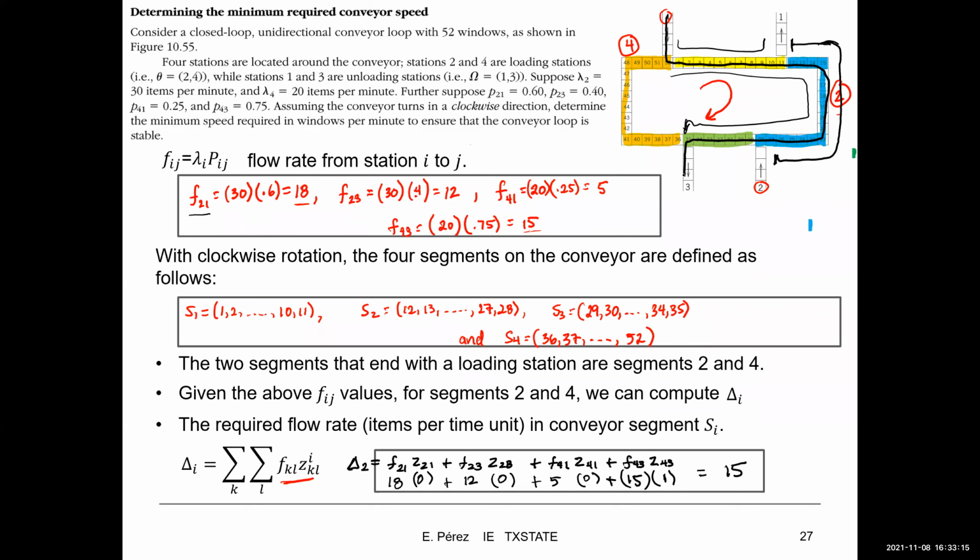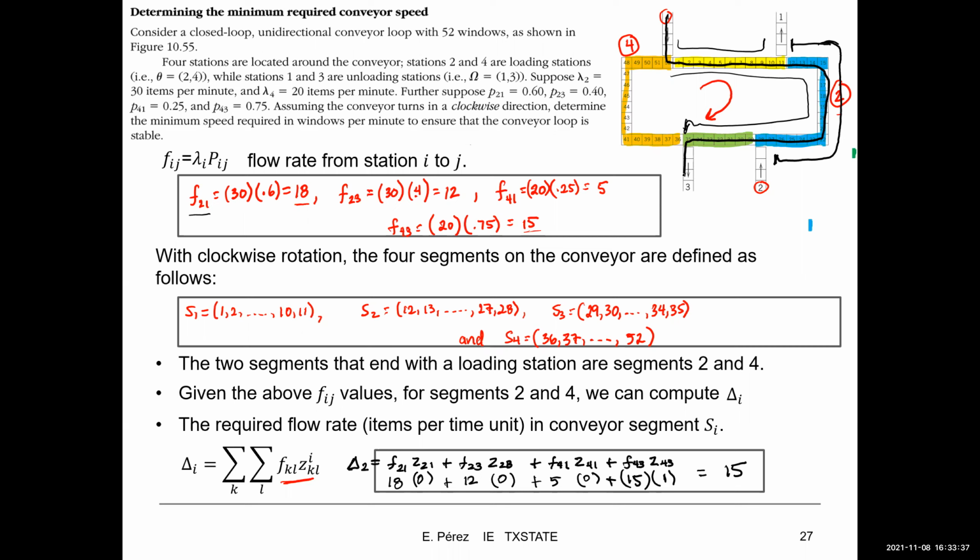So that's the only flow that is touching that blue segment. Blue? Oh yes, because we are focusing only on segment 2. Delta is for segment 2. Okay? So we are focusing only on segment 2.